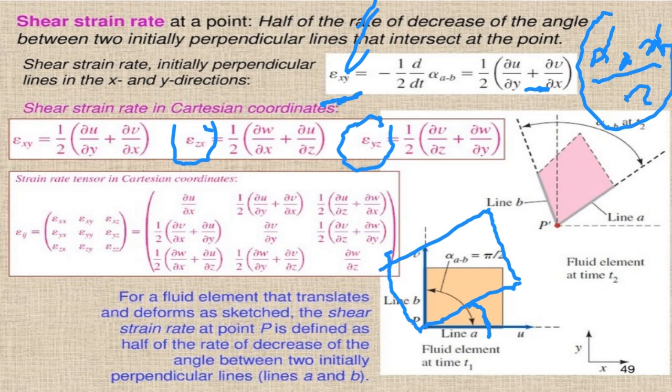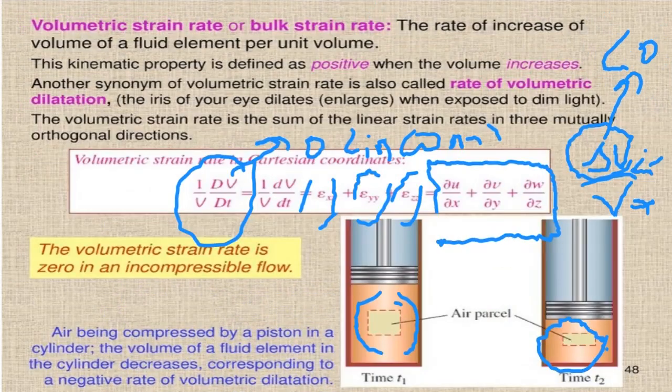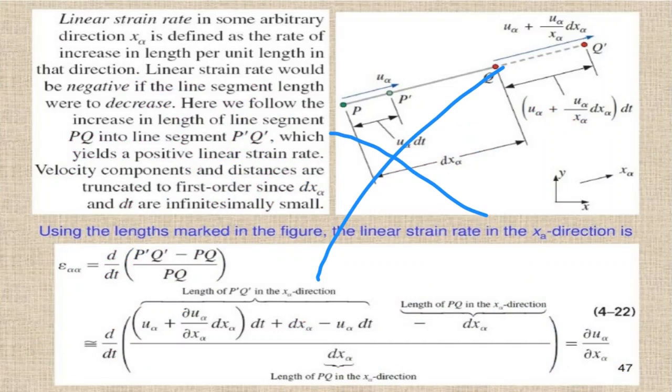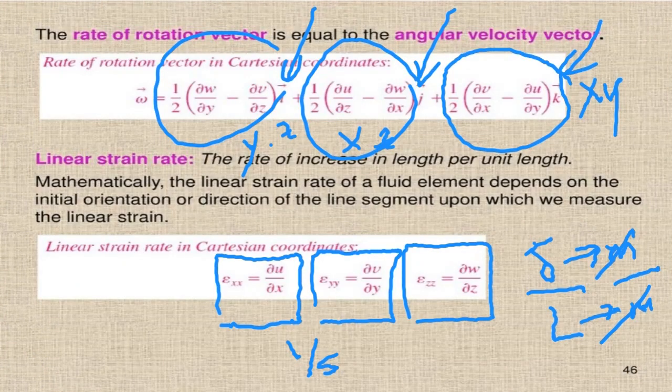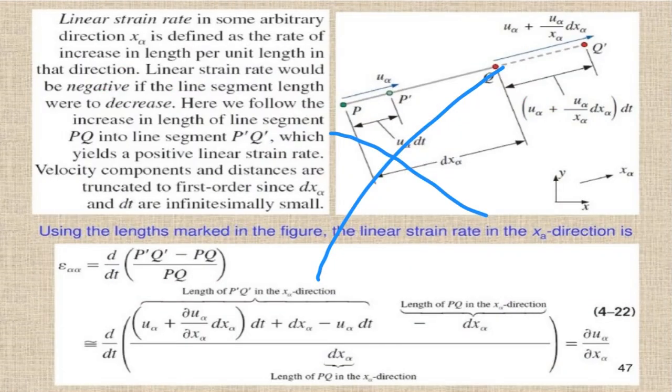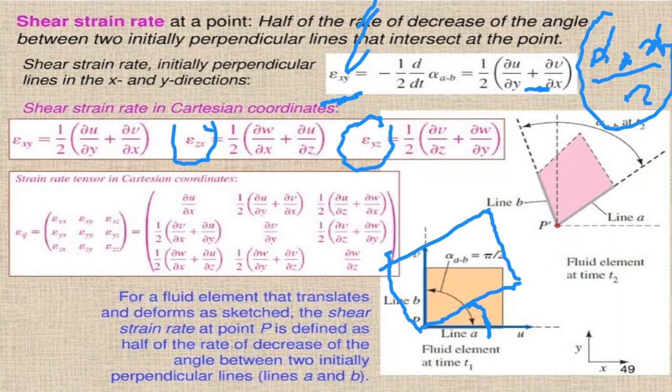So up to now we have three linear strains, which are epsilon xx, epsilon yy, epsilon zz. These are the linear strains. And also we have 2 times 3 shear strain rates. Why?